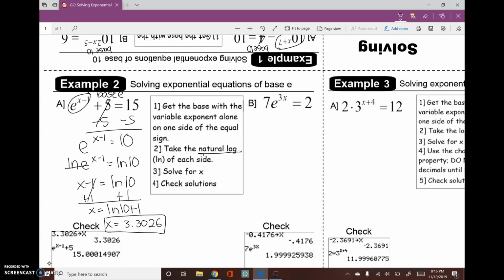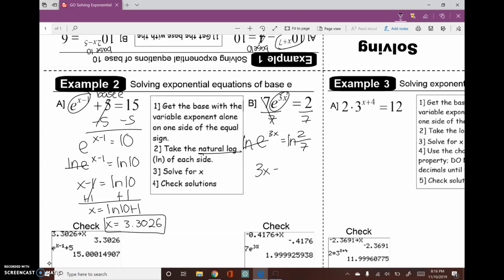Going to B, the base is e to the power of 3x. That means I need to divide by 7. You can change it to a decimal. I'm just going to leave it as a fraction. I'll take the natural log of both sides.